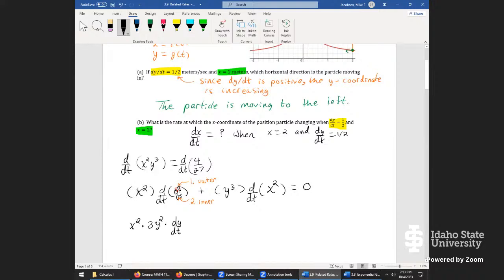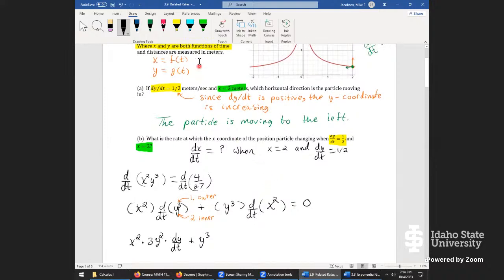Does that make sense to folks on getting that output? Awesome. Really the same kind of thing we did in implicit differentiation. Every time we differentiate something relative to y, if it was like a power 3, we would get 3y squared times dy/dt.